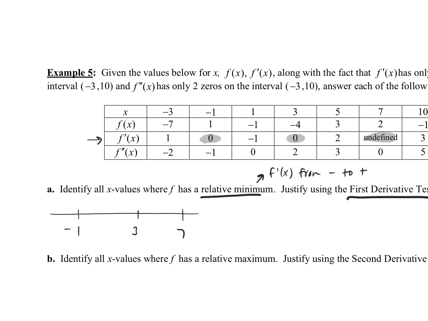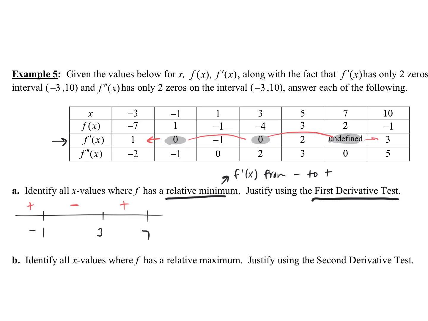So now I'm going to look on my table, look to the left of -1. Is that value positive or negative? Positive. Look in between -1 and 3. Is that a positive or a negative value? Negative. In between 3 and 7, is that positive or negative? Positive. And then after 7 is also a positive value, okay?